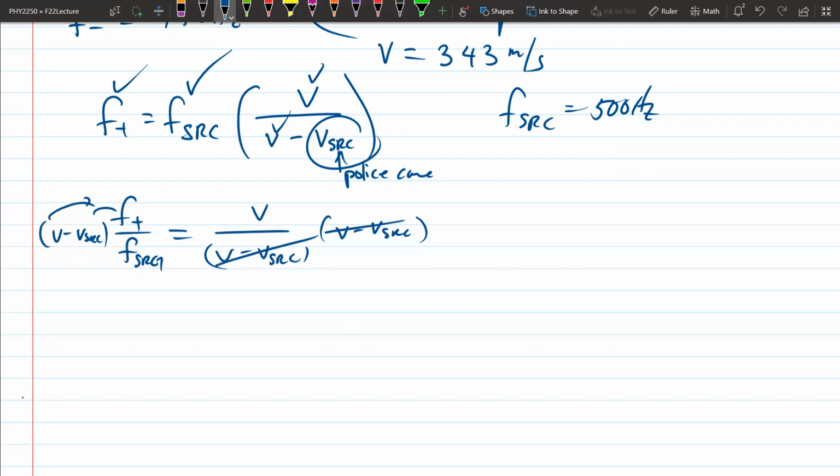I'm going to distribute this out because I want to isolate V source. V F plus over F source. I think I see why they just use S instead of SRC, because you have to write this a lot. Minus V source F plus over F SRC. All that is equal to V.